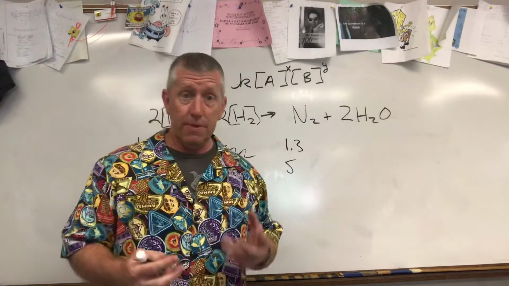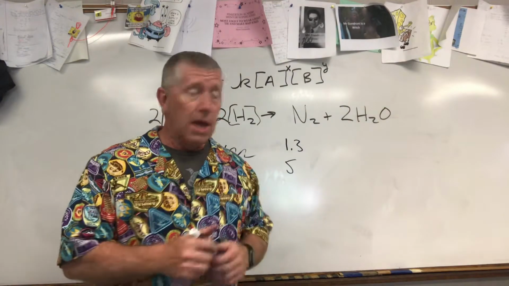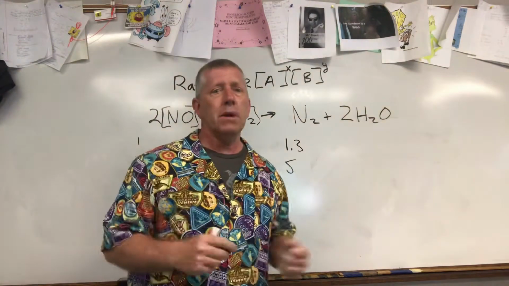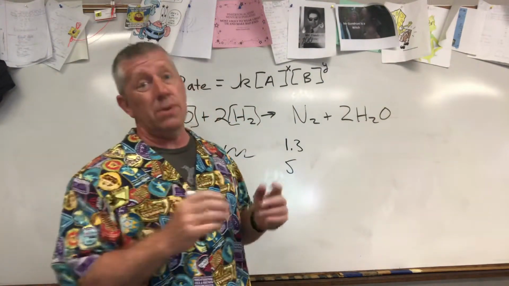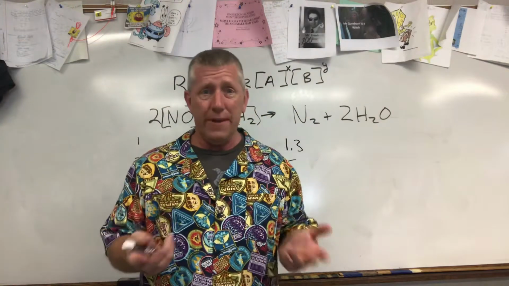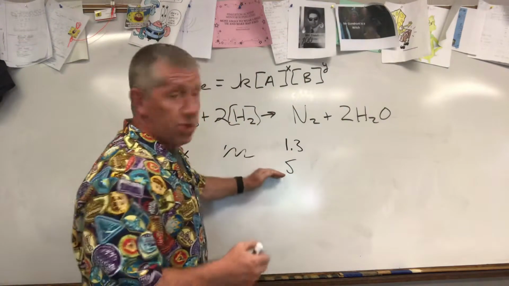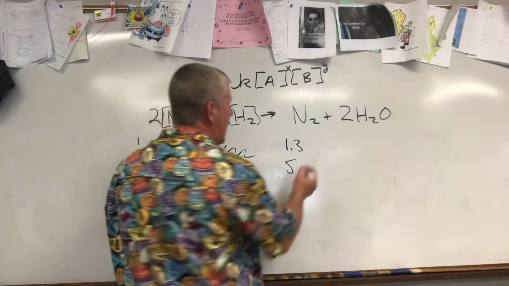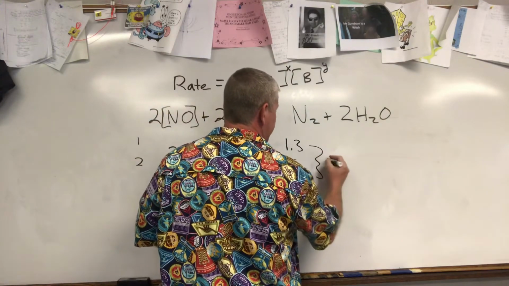3.85 times as fast. Now, I've told you before that experimental data can come out a little bit skewed because it's an experiment. Not everything's perfect. That rate change should be a whole number.